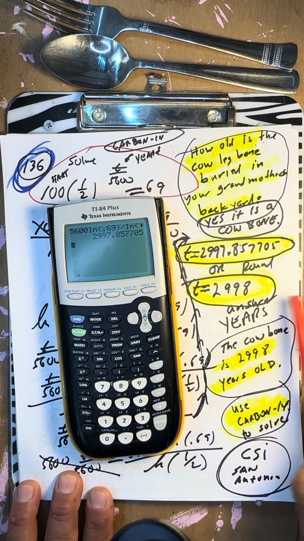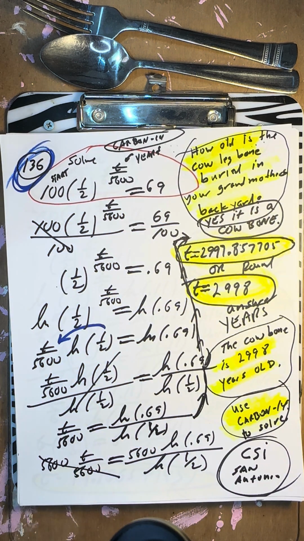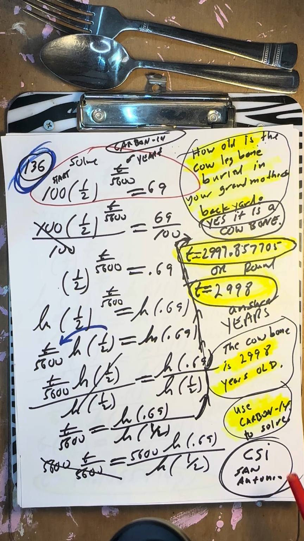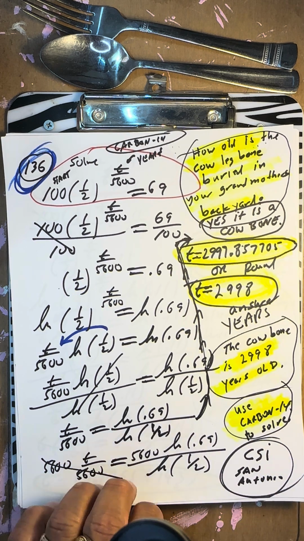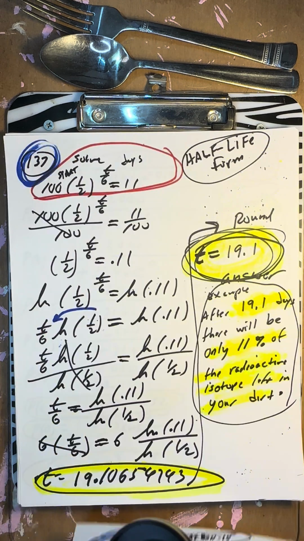Okay, I'll round it to 2998. So the cow bone is 2,998 years old. We use carbon-14 to solve it. Yeah, CSI San Antonio, the best. CSI SA, huh?